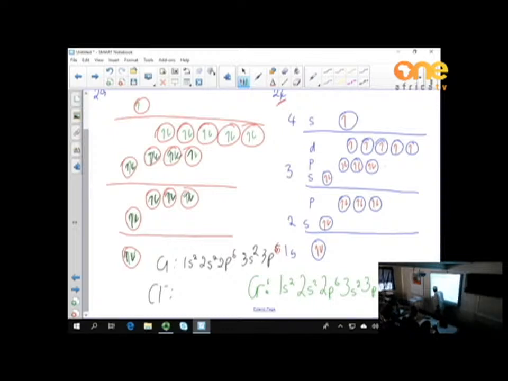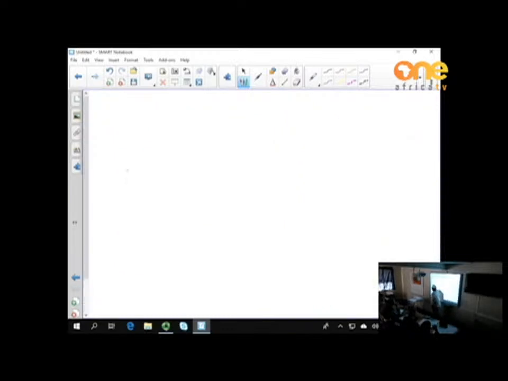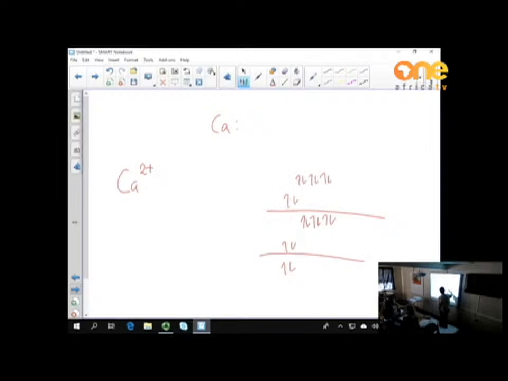Let's do calcium. Calcium 2 plus. Let's first do just ordinary calcium. Calcium has got 20 electrons. Are you with me? So, 1, 2, we've got 10, 11, 12, 13, 14, 15, 16, 17, 18, 19, 20.